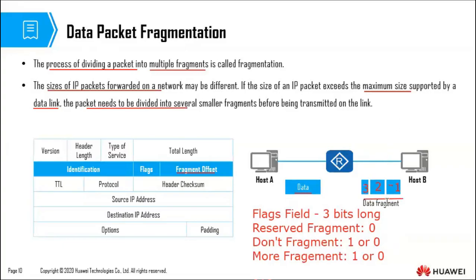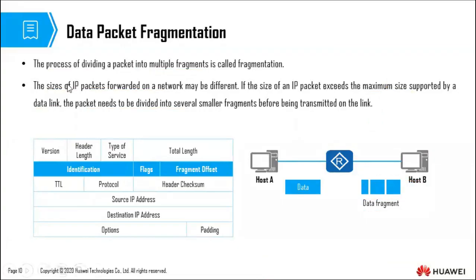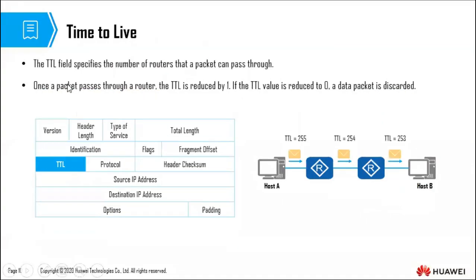Now, in an actual network, you might find that all these fragments are going to pass through different paths. Are you getting the point? But at the destination, it is the fragment offset that is going to rearrange these fragments and reconstruct the data. Is that clear? Yeah, so that is what the fragment offset is used for, simply for labeling the fragments.